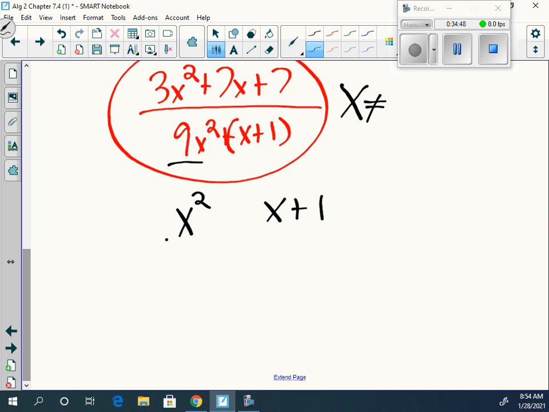What's going to make x squared 0? 0. Because it's just a variable, yes? Anytime we just have a variable to an exponent, with nothing added or subtracted from it, it's going to be 0. How about x plus 1? Negative 1. We know that x plus 1 equals 0, we do the opposite. So we would subtract 1, and then we're done.